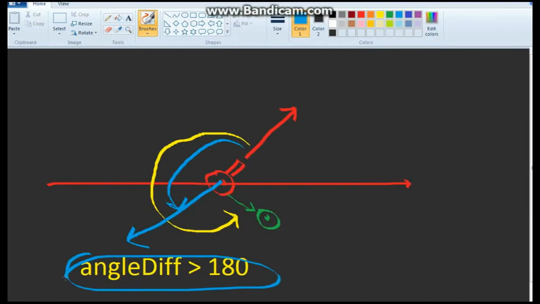Ignore the old rule if the angle difference is greater than 180, and instead do this.